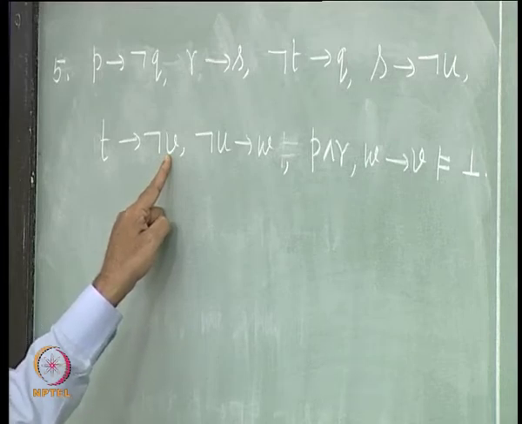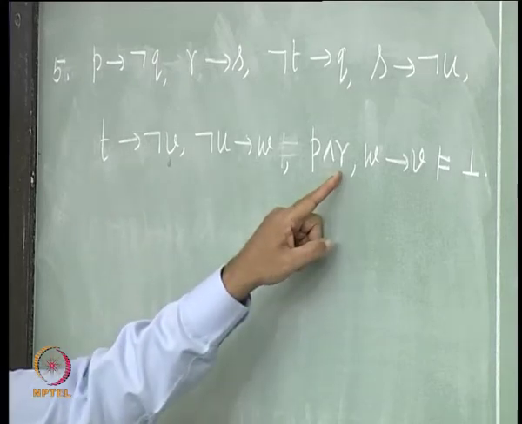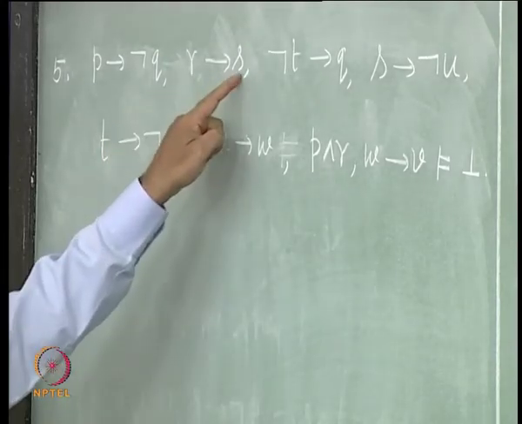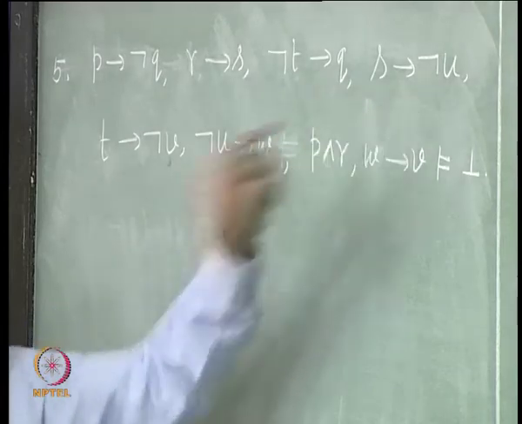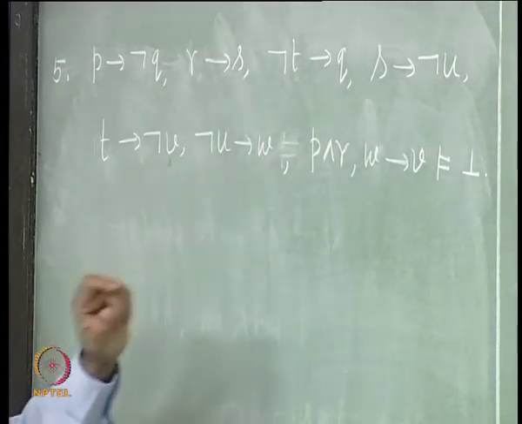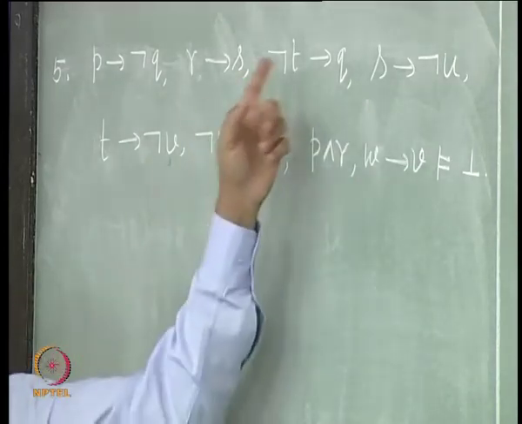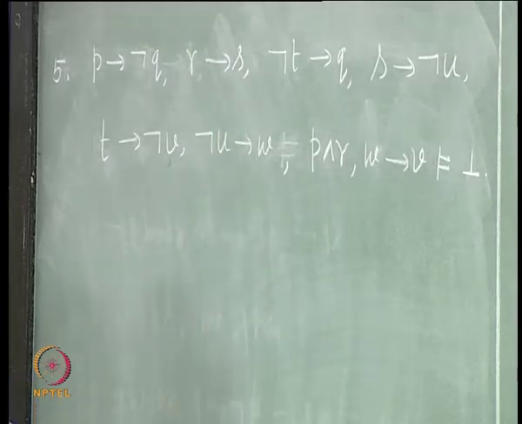So from P I can get not V. What can I get from R? R gives S, S gives not U gives W, W gives V. So V and not V will give bottom. Is it clear?